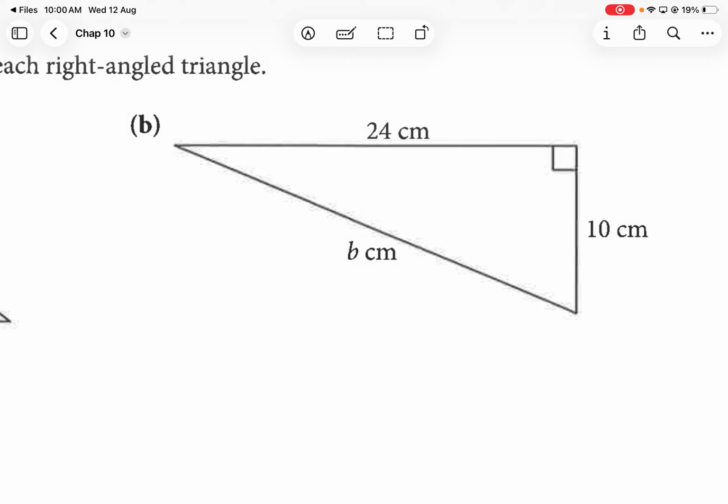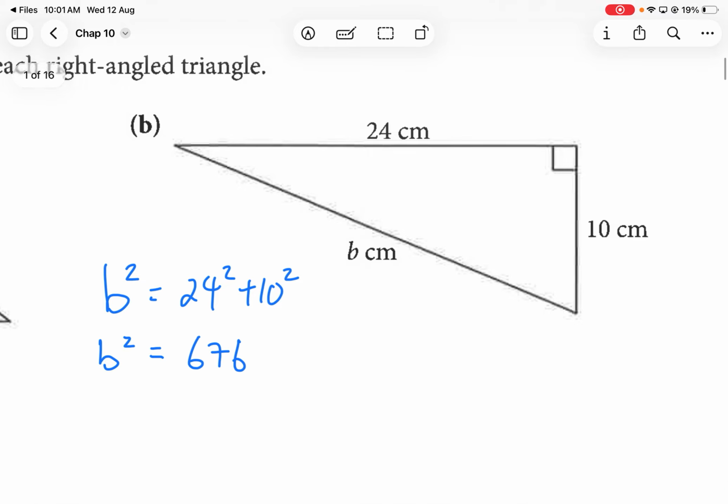Which one is the longer side? B. So B square equals 24 square plus 10 square. So 24 square plus 10 square becomes 676. Then I want B. B square is 676. I want B, I square root both sides.